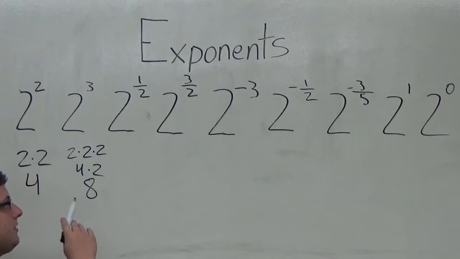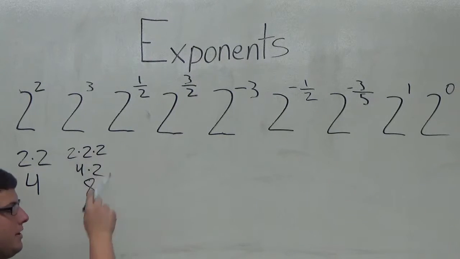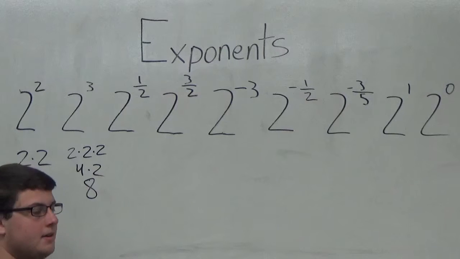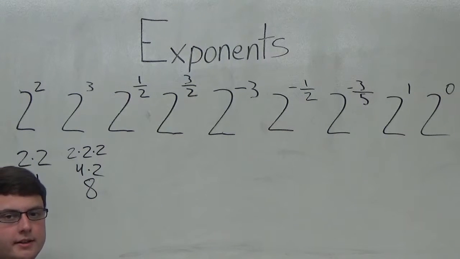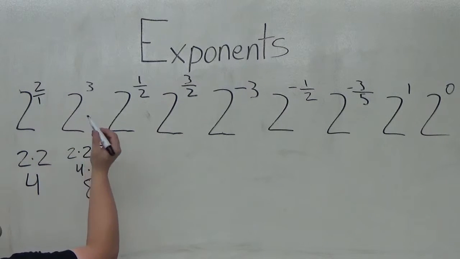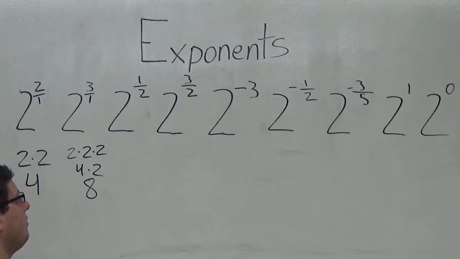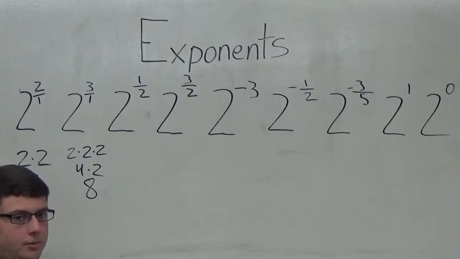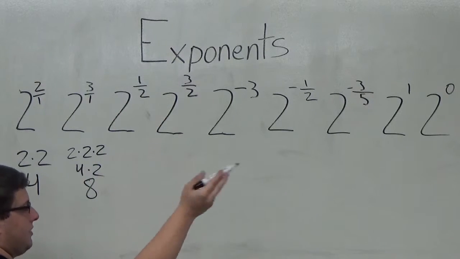So now, these next examples are all a little bit more complicated. So 2 to the 1/2 power. As you notice in these first 2 examples, I just have whole numbers as the exponents, 2, 3. But what these exponents really are, you could write as 2 over 1 or 3 over 1. And so, going along with that, 2 to the 1/2, it's 2 to the first power, which I have as another example.